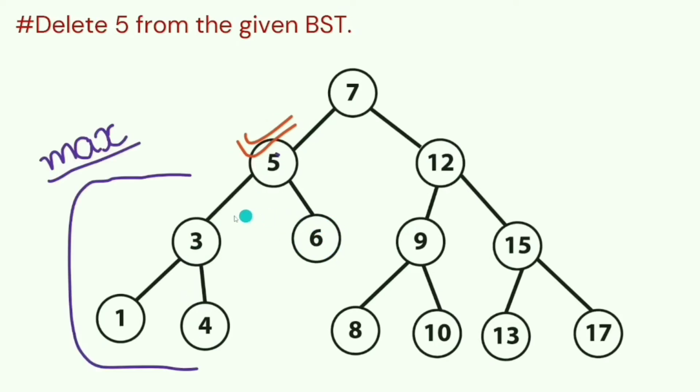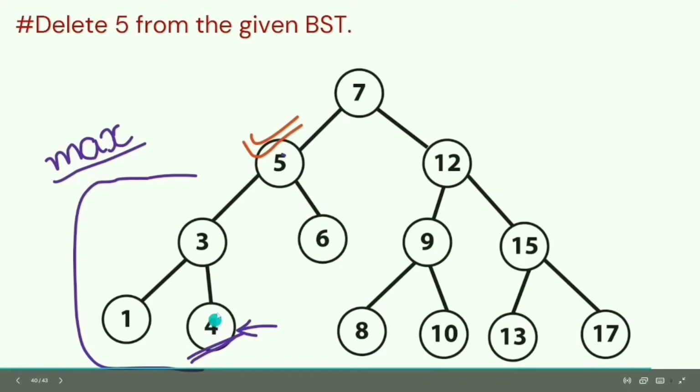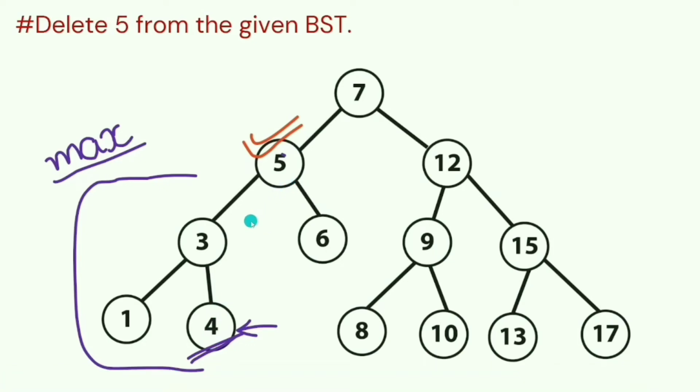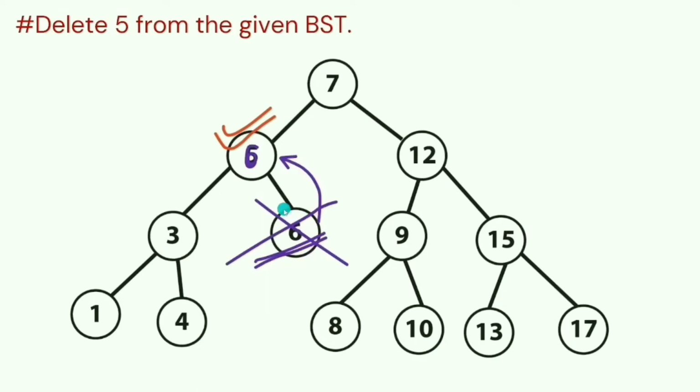We find the maximum from the left subtree. So here 4 is the maximum and we can replace it with 5. So this is the one way, or we can replace it with its right children. So here after replacing 5 with 6 we can easily remove this node.